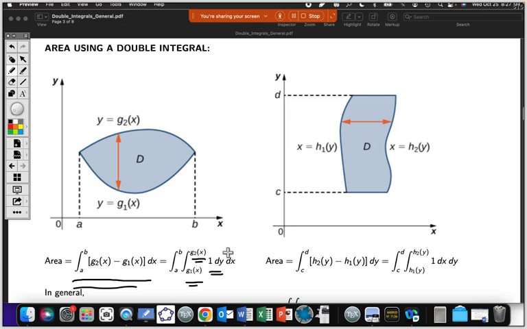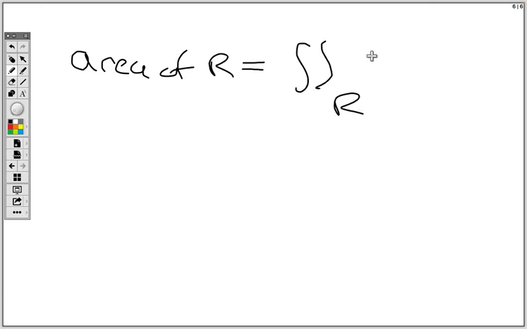So mechanically, this is how you can get to the following result. If you want the area of R, you just take a double integral over R of 1 dA. All right? So mechanically, that's why it happens.